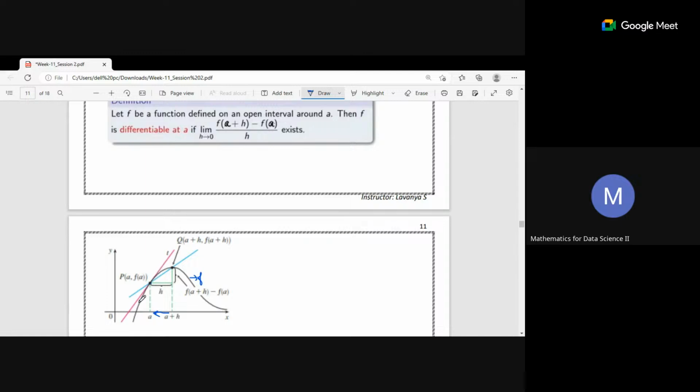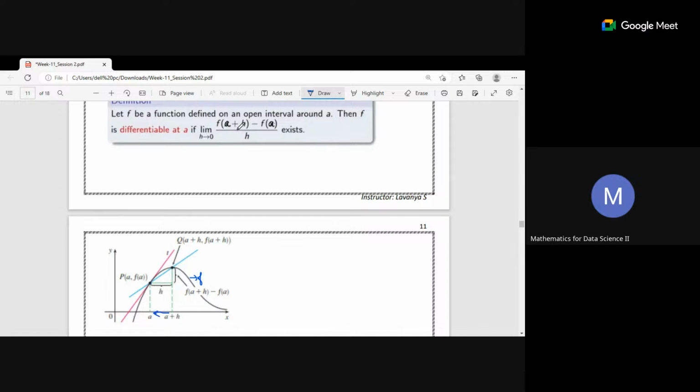You will get the limit, which is the slope of the tangent line T. Initially you start with the slope of some secant line, and you end up with the slope of this tangent line T. That is how you define differentiability for one variable functions.